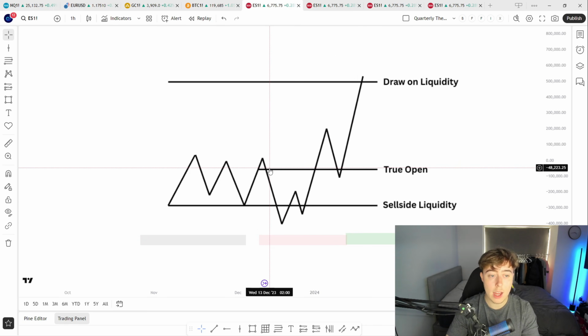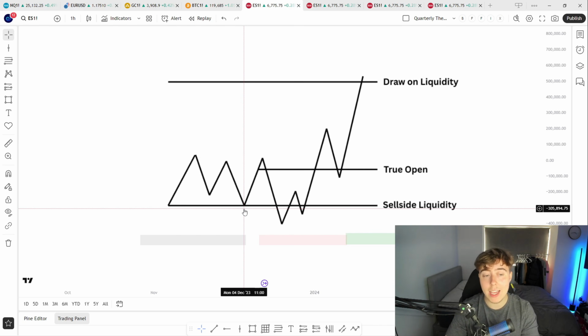Once that true open's there, if we're bullish, we then want to see manipulation below the true open, so price dips below the true open, takes out the previous quarter low, which it doesn't have to for manipulation, but for the most part, it usually will, and we'll dive into that within a future bootcamp episode to know when and why it shouldn't.